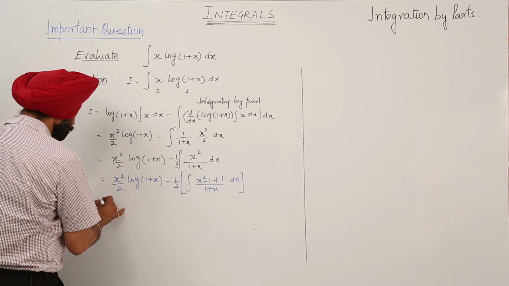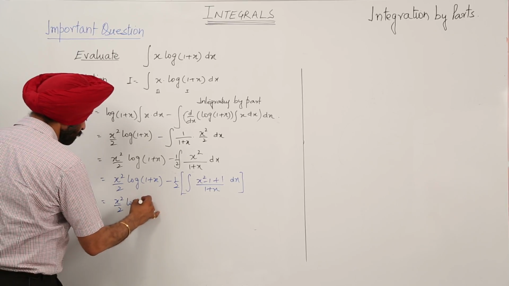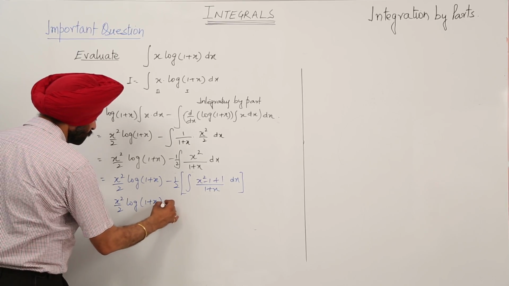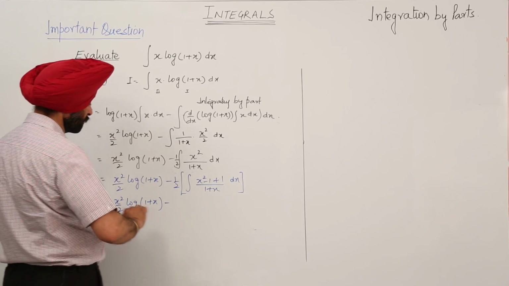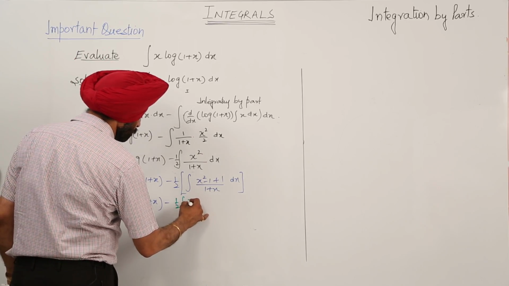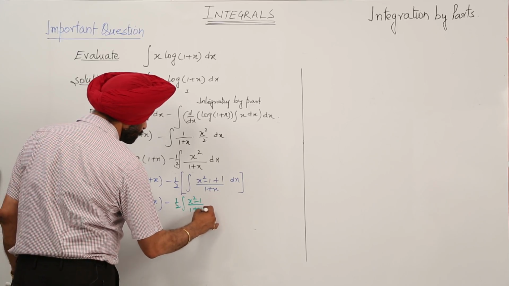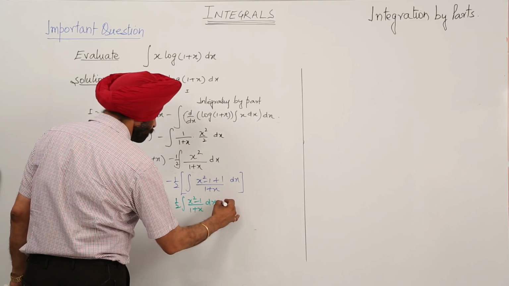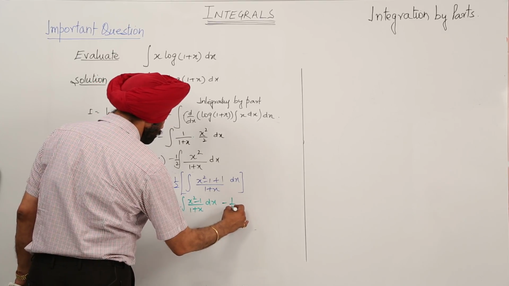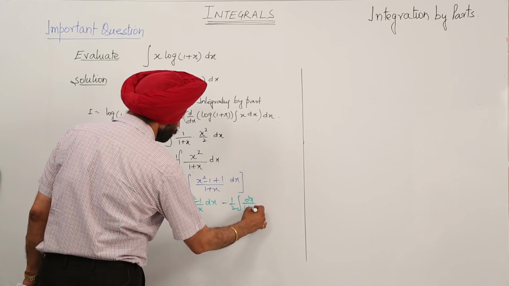So this becomes x square upon 2 log(1 + x) minus half integration of x square minus 1 upon 1 + x dx, minus 1 upon 2 integration of dx upon 1 + x.